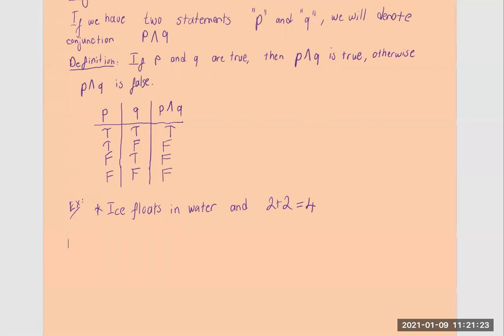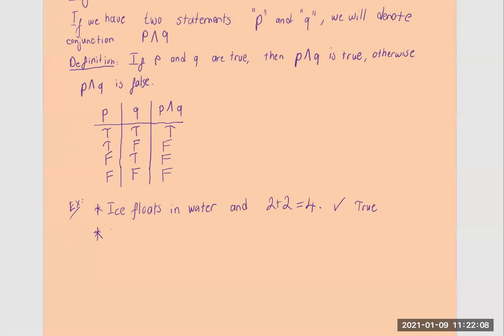As you see, two statements, and here as a connection of those two statements is an and, like the conjunction. So what about that one? Ice floats in water, it is true, and 2 plus 2 is 4, it is true. So that compound statement will be true, right?